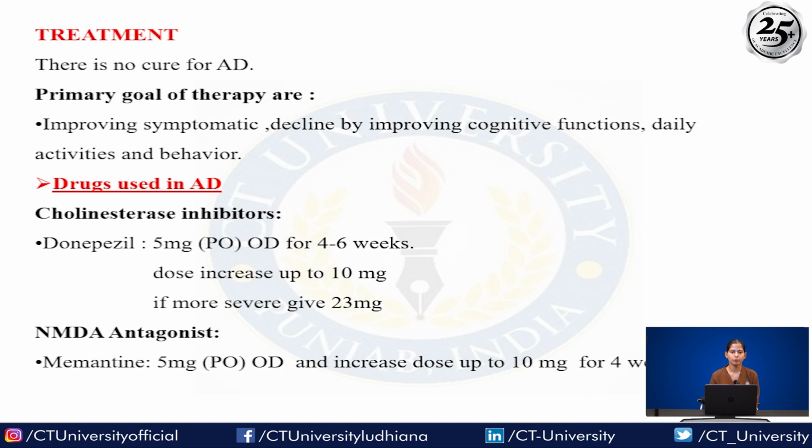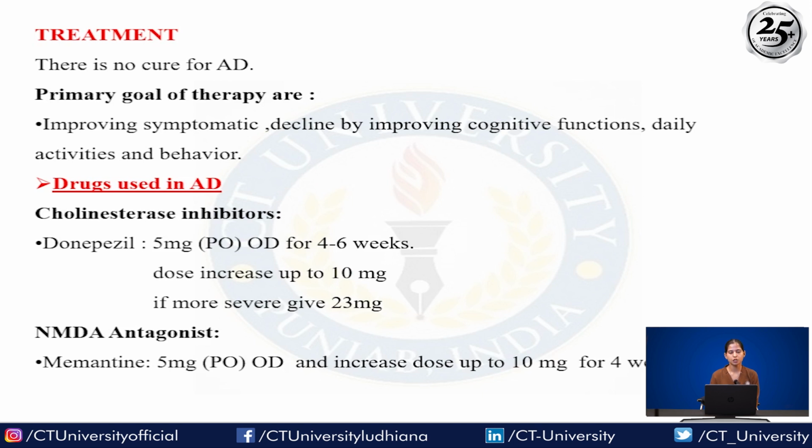So donepezil 5 mg is given for 4 to 6 weeks in an Alzheimer's disease patient, and the dose increases up to 10 mg. That means first start with 5 mg per oral once a day for 4 to 6 weeks, then increase the dose if the person has no change in their symptoms. So that dose is 10 mg.